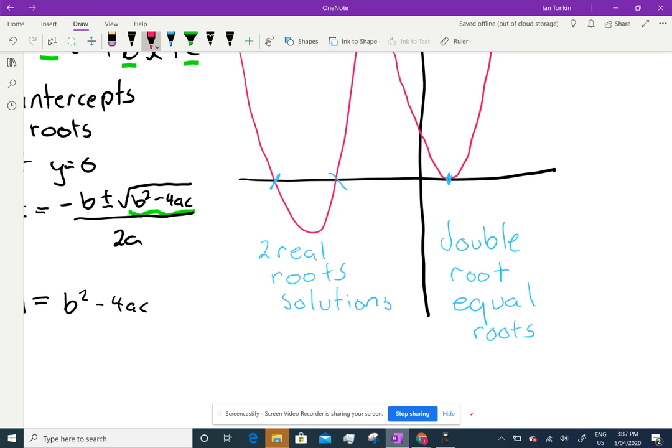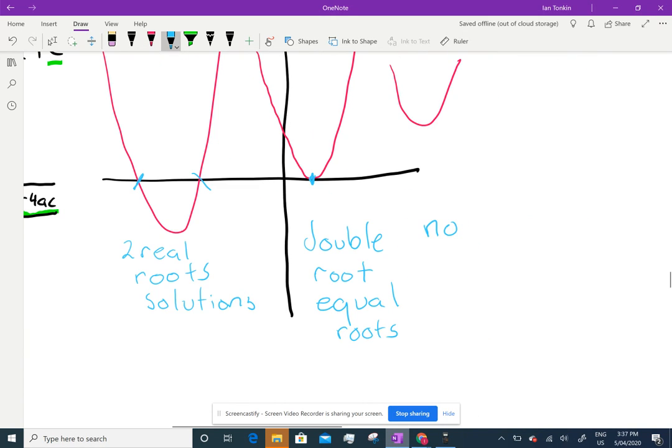And finally, you can have a situation where the parabola does not cut the x-axis, which means there are no solutions, and they say no solutions, but I prefer you to say no real solutions. There are solutions, but they're imaginary or unreal roots.